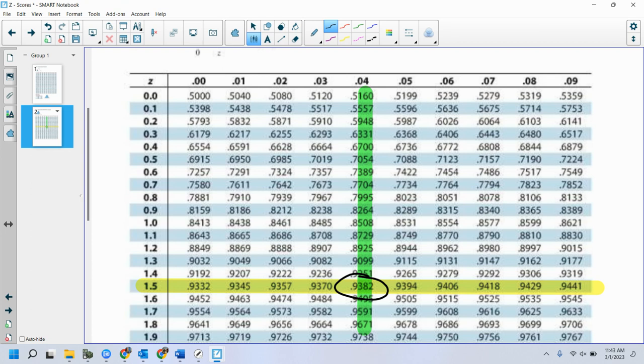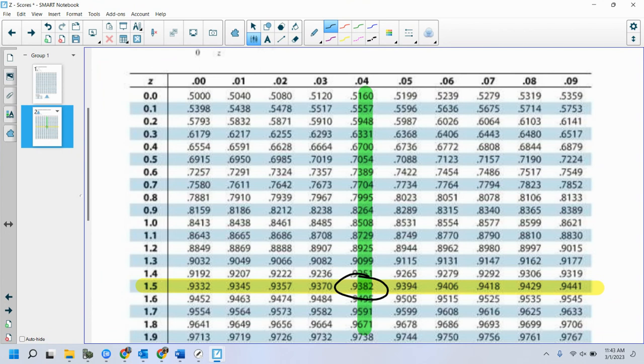You know what else that means? That the x value with that z-score is 93.8% likely to happen. That equates to probability. These z-scores equate directly to probability. Whatever the x value is, whatever your score was, New York State test, whatever it may be, that's 93.82% likely to happen.